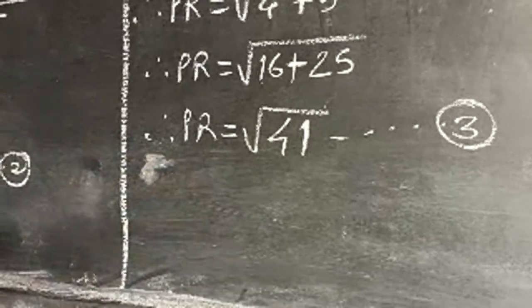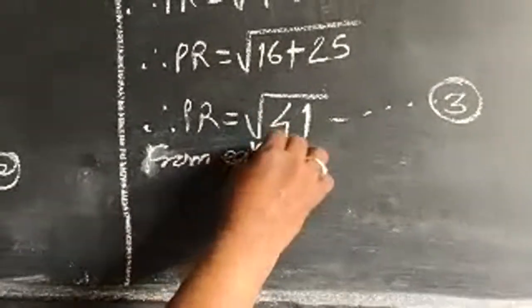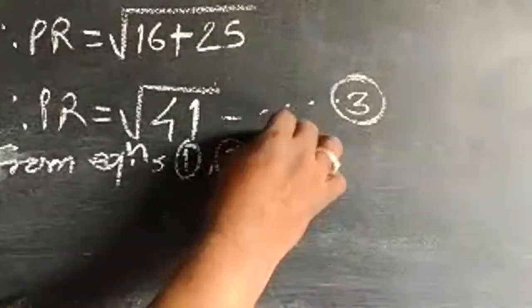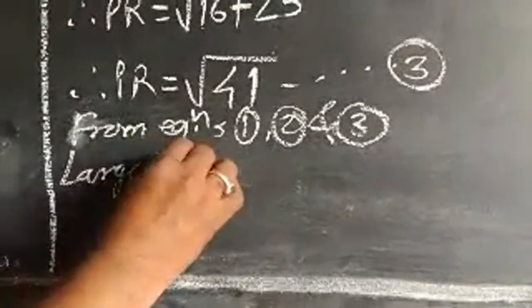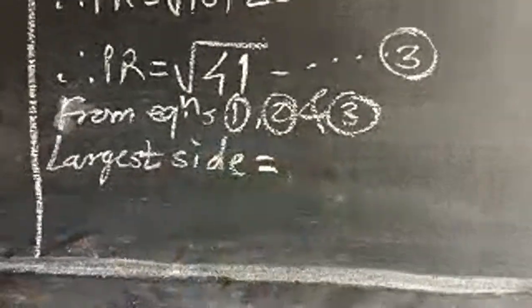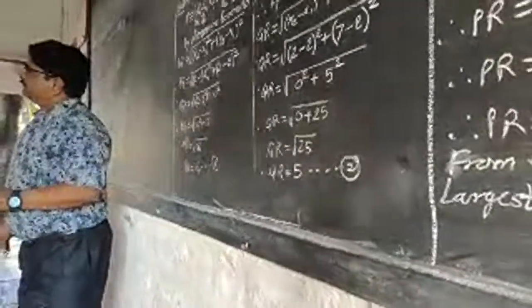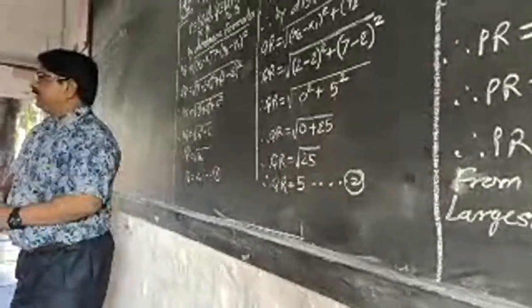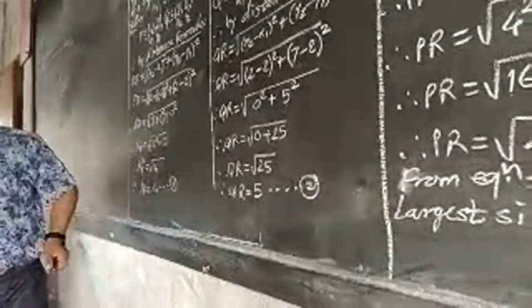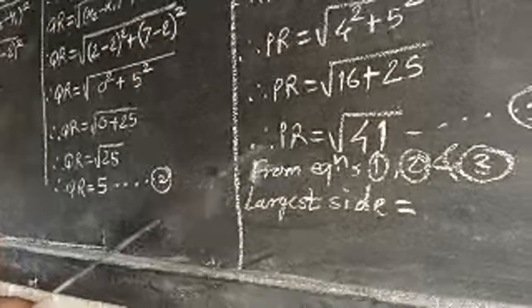From equations 1 to 3, the largest side is PR, root 41.